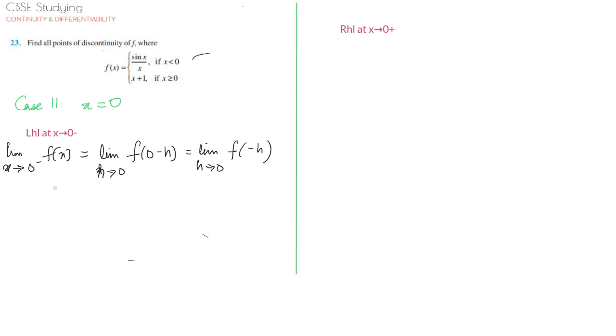Sin x by x. So this becomes limit h tends to 0 sine of minus h by minus h, right? So that's going to be limit h tends to 0 sine of minus h by minus h, which is equal to 1.